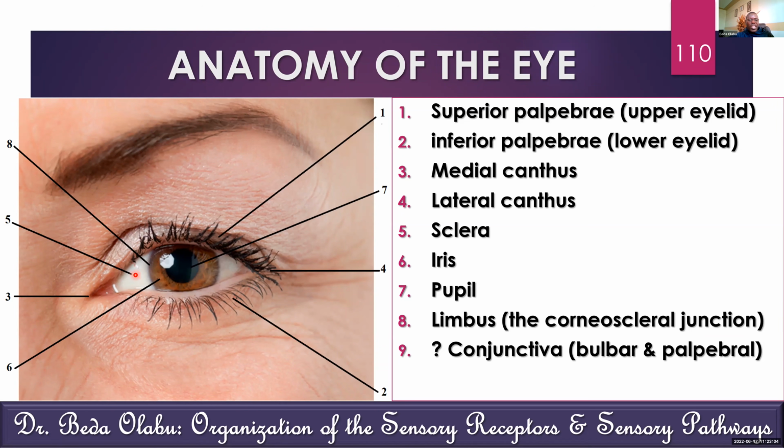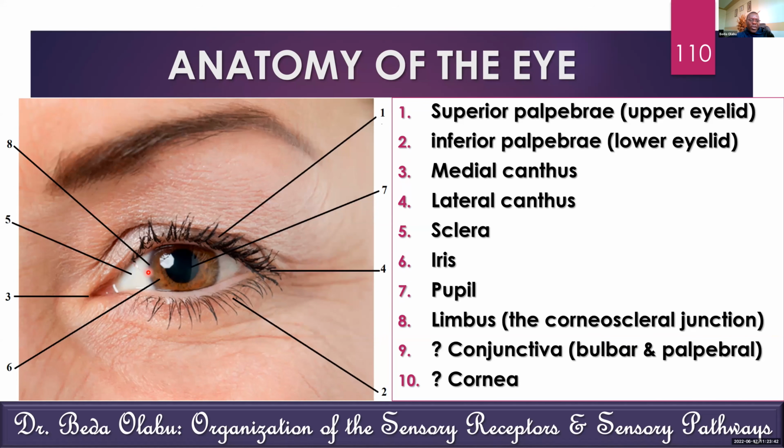The part of the conjunctiva that lines the sclera is called the bulbar conjunctiva. The part that lines the inside of the eyelids is called the palpebral conjunctiva. The junction between the two is what we call the fornix of the conjunctiva, usually on the upper part.